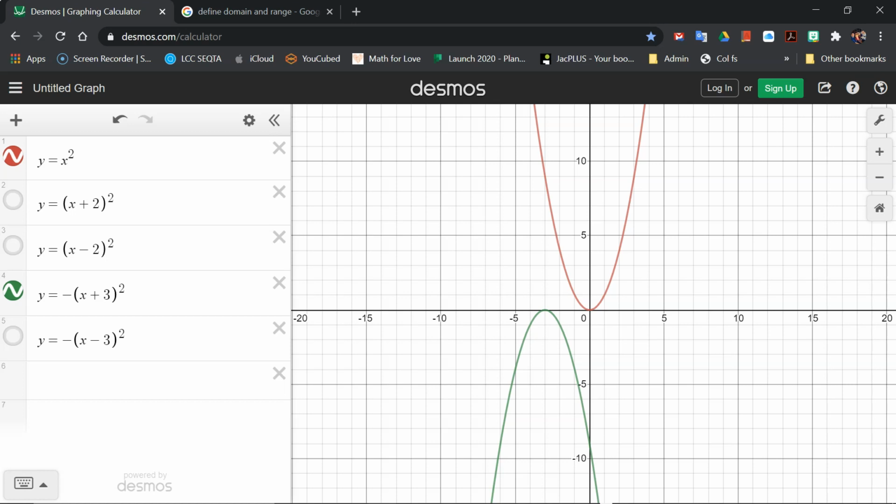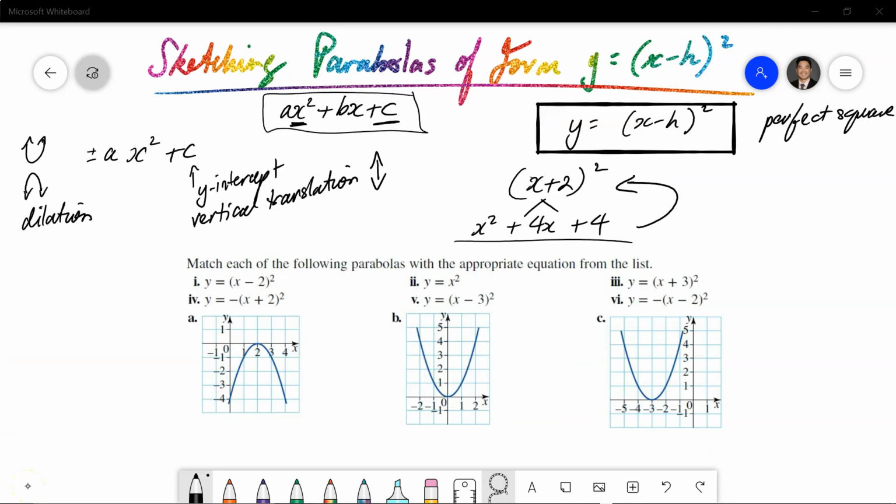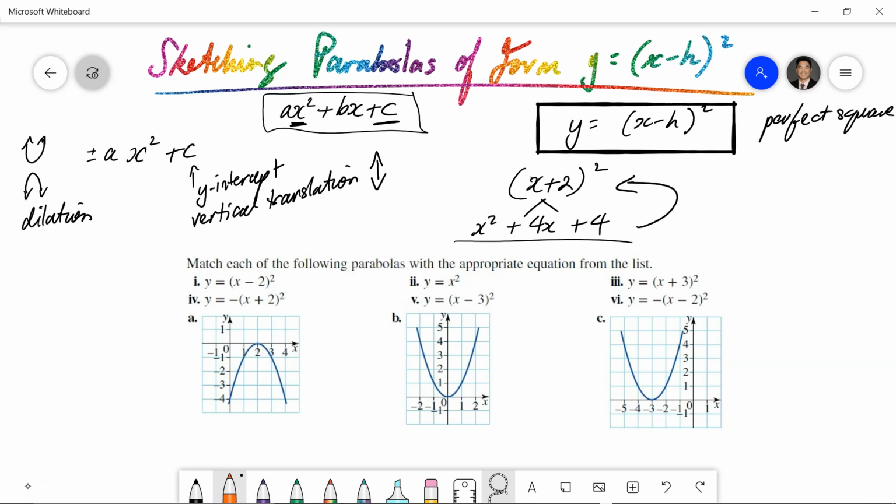And if we had a negative 3, it's going to shift the parabola right 3 units. So that's the aspect I want you to be familiar with when manipulating the variable h. I've got a few examples here where we're going to match the equation to the graph, just using our current knowledge of what that value h does.